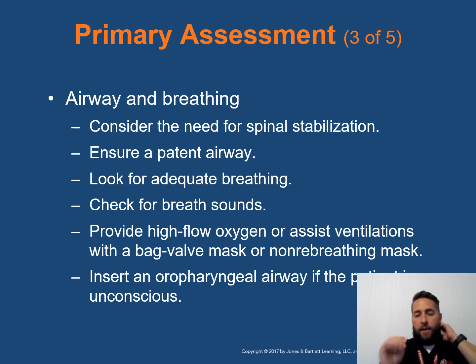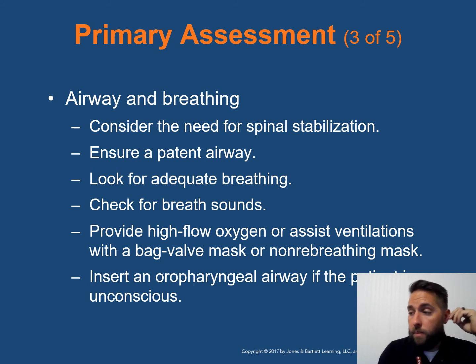High flow, assist ventilations if necessary. So remember, if they are in shock, they need oxygen. Administer oxygen. I would suggest a high flow non-rebreather would be best, 10 or 15, because obviously their body's not perfusing like it's supposed to. If the person is unconscious, we can insert an OPA.